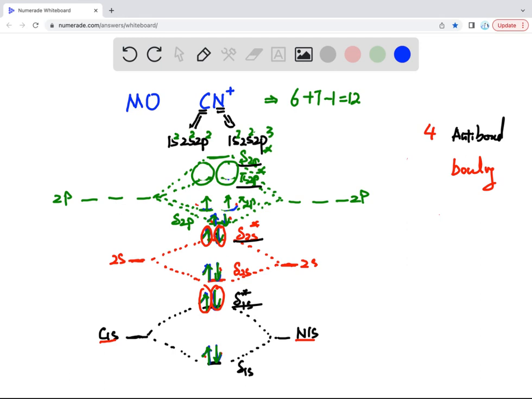And for the bonding, you have 1, 2, 3, 4, 5, 6, 7, 8, so 8 electrons in the bonding orbital. The bond order equals the electrons in the bonding orbitals minus the electrons in the antibonding orbitals, over 2. That is equal to 2. So this is the bond order.